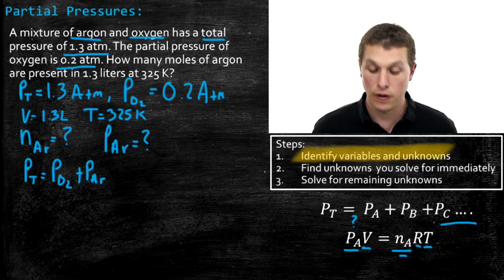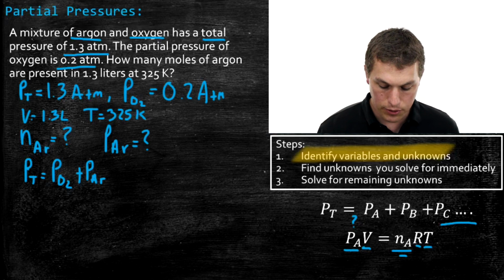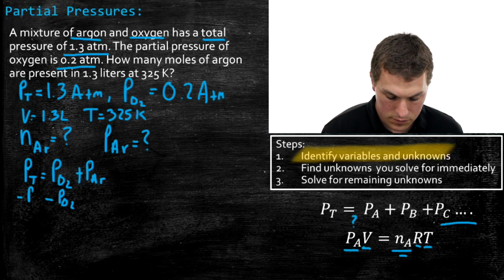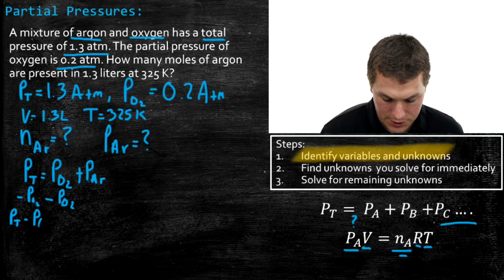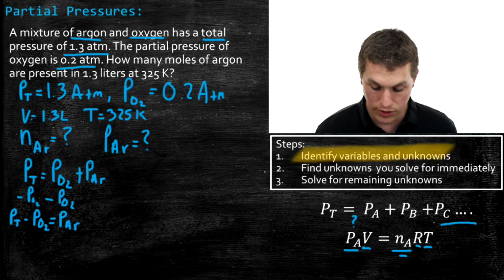And now if I want to solve for the partial pressure of argon, all I have to do is subtract the pressure of oxygen from both sides. And when I do that, I'll get that the pressure total minus the pressure from oxygen is equal to the pressure from argon, as we'd expect, because we just have 2 gases.